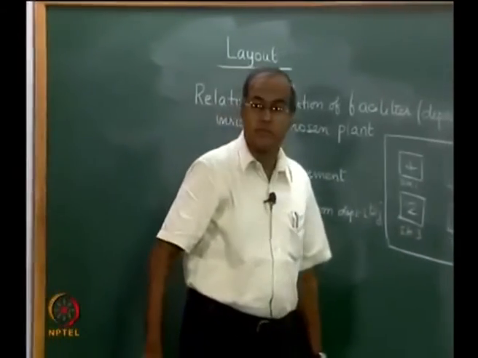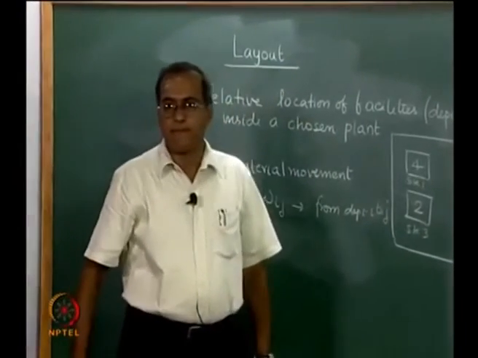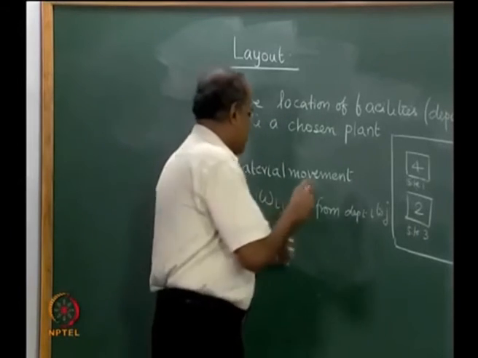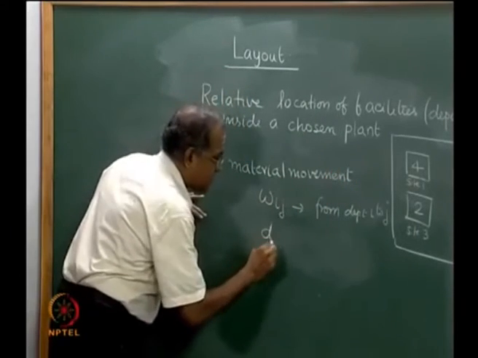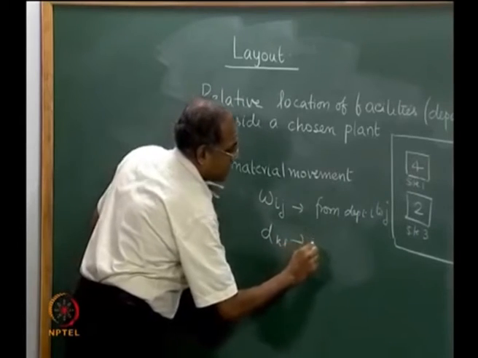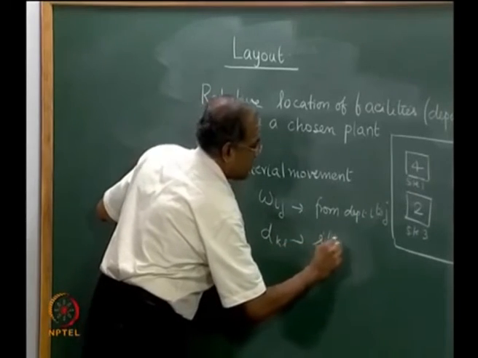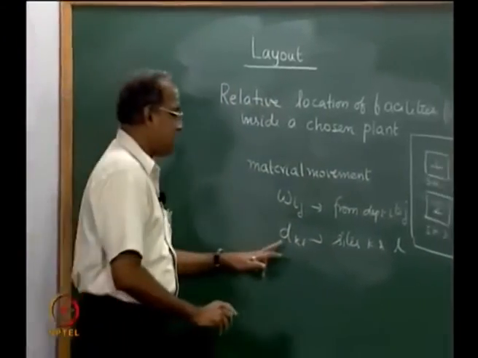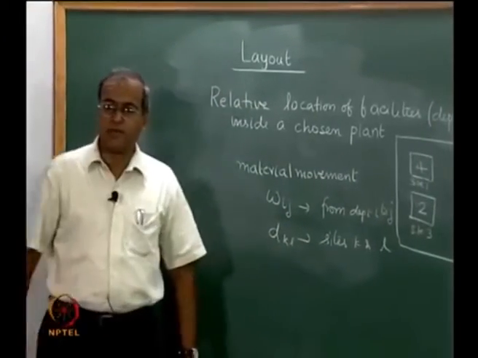Now, there is also a distance between sites K and L, which we call DKL.